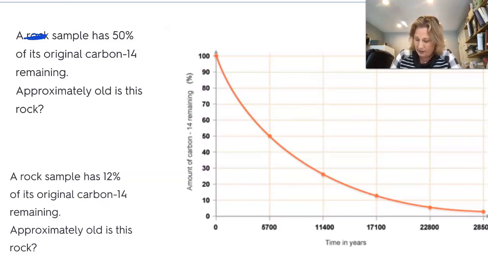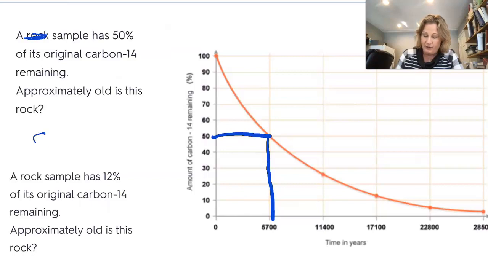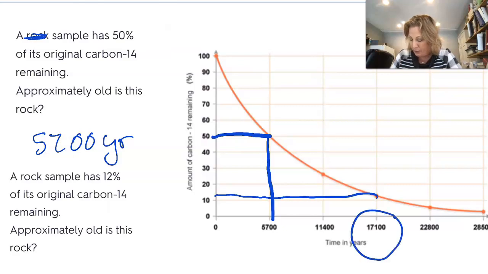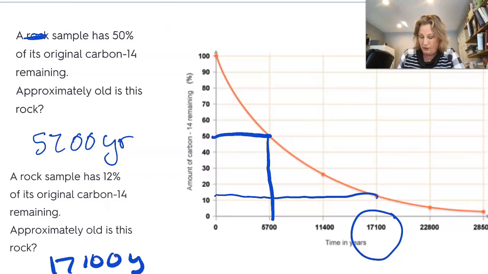Anyways, you can see that half of the sample remains at 5,700 years. So that is really the half-life of carbon-14. So if you only have 12% of the carbon-14 remaining, it's much older. You can come over here and see that it's probably about 17,100 years old.